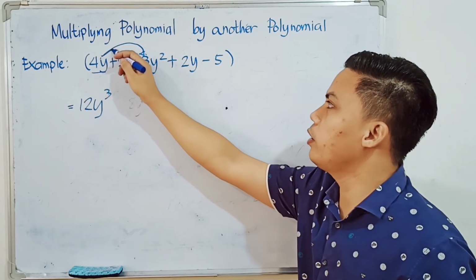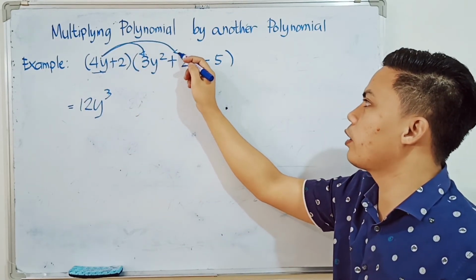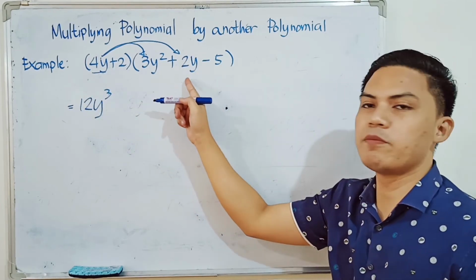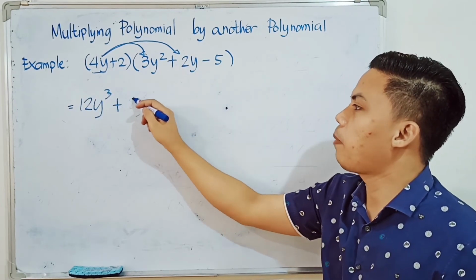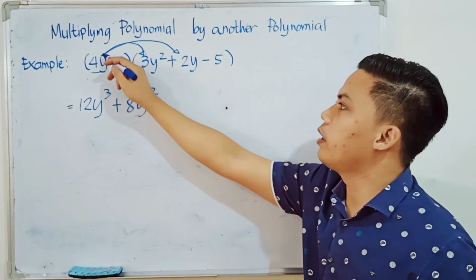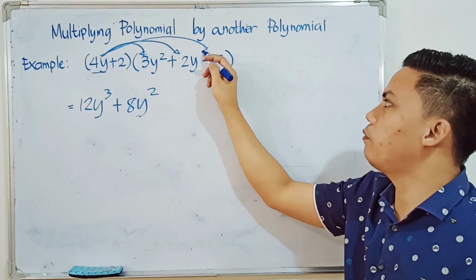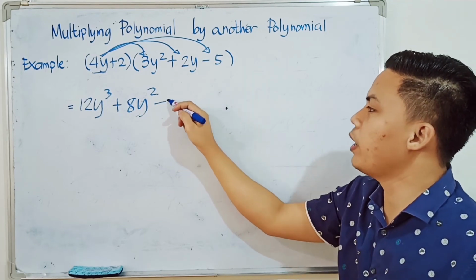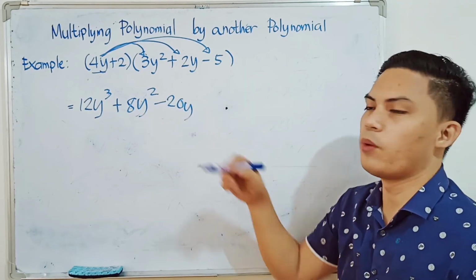Then, yung 4y naman, i-multiply ko dun sa next na term. So, 4y times 2y, we will have positive 8y squared. And 4y times negative 5, we will have negative 20y.